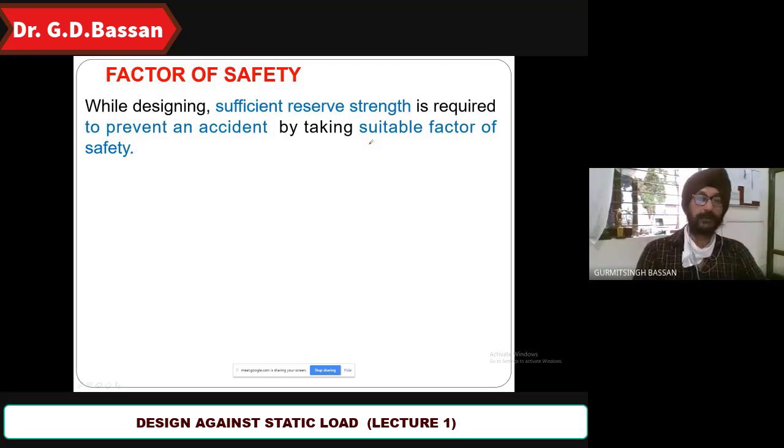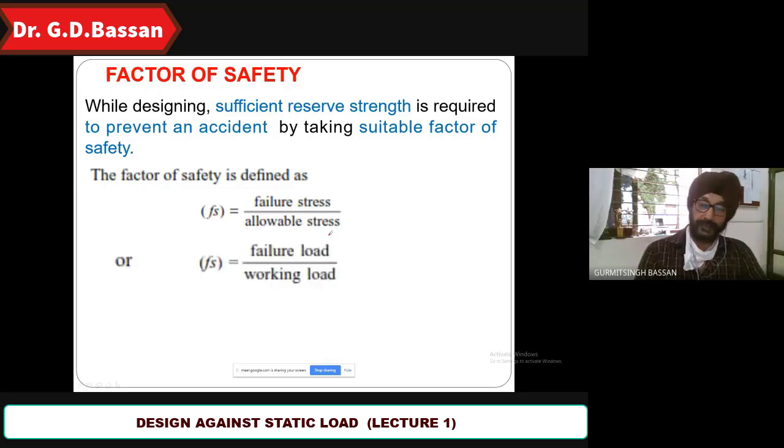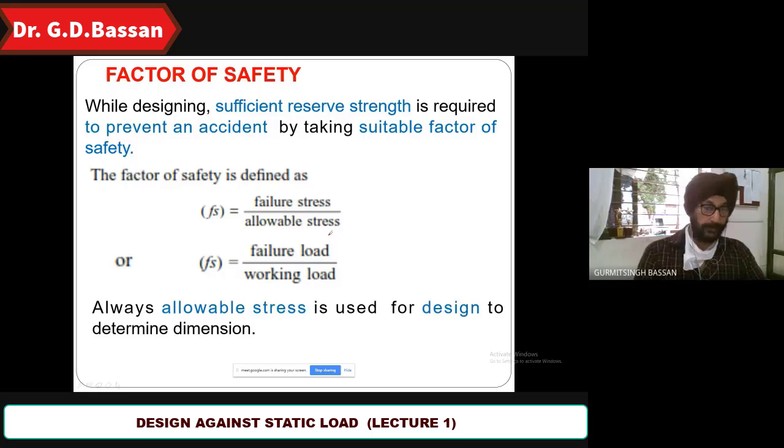Now the definition is: failure stress divided by allowable stress. That is to be called factor of safety. Or you can define factor of safety as failure load divided by working load. Now, one very important thing: allowable stress is used for designing the dimensions of any element.